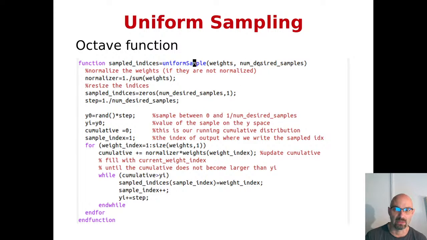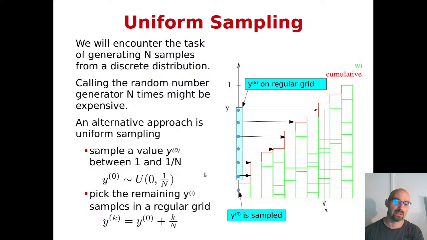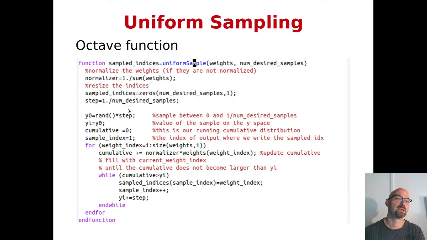It also takes as input an integer, which is the number of samples that we want to generate, right? Then you set to 0 all the samples, just to pre-allocate our data structures. You compute the step: the step is the gap between samples, 1 over n, which is 1 divided by the number of samples. Then you draw the very first value, which is the famous y0. And then we start iterating.